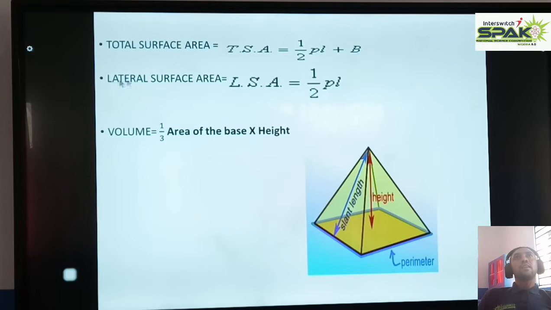The lateral surface area of a pyramid is 1/2 times the perimeter of the base times the slant length. And the volume of a pyramid, like I've said earlier, is 1/3 area of the base times height.